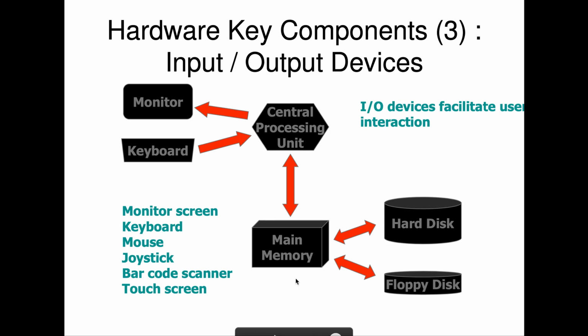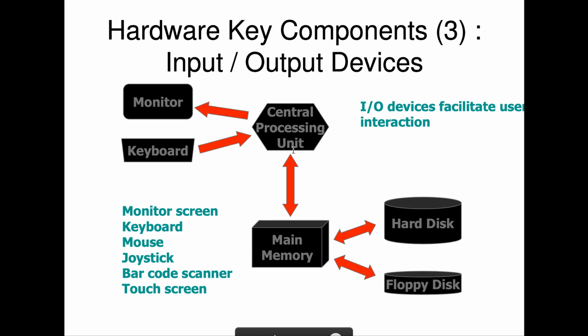central processing unit. For example, when you are using an operating system, you may suddenly receive an error message, like you need administrator permission to do this action, do you want to do it, yes or no?